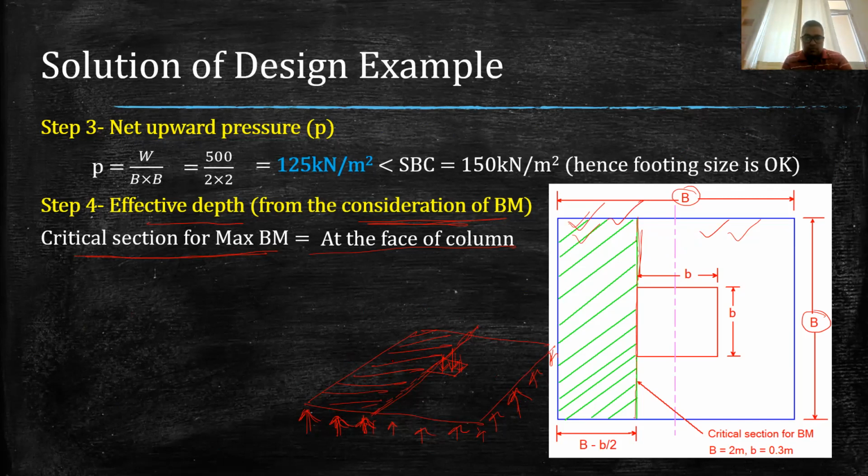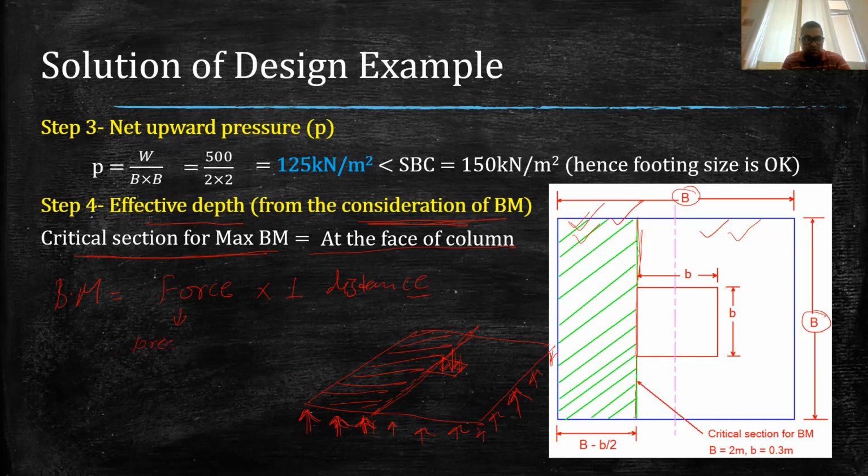Now, bending moment at this critical section, we can calculate. So bending moment here will be the force multiplied by perpendicular distance, because here we have only the one force in the form of net upward pressure. Now, what is force? Force, we know, is stress into area or pressure into area.